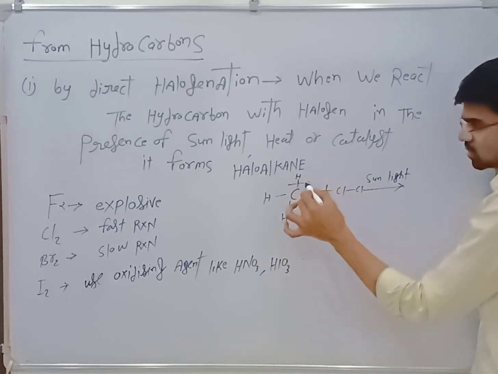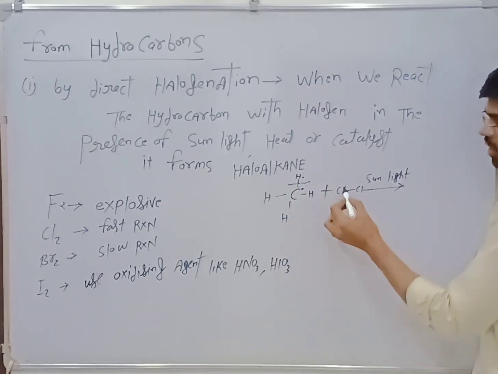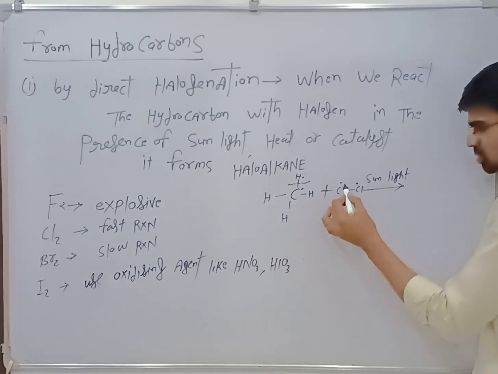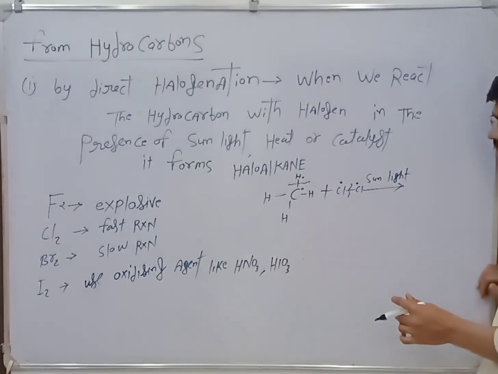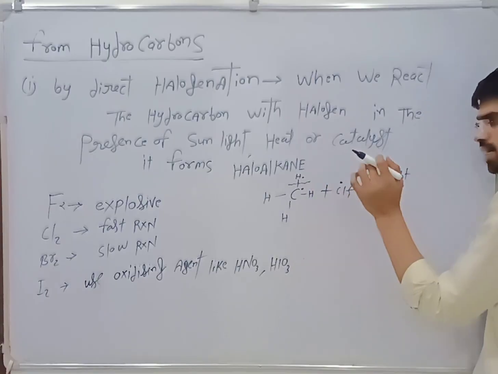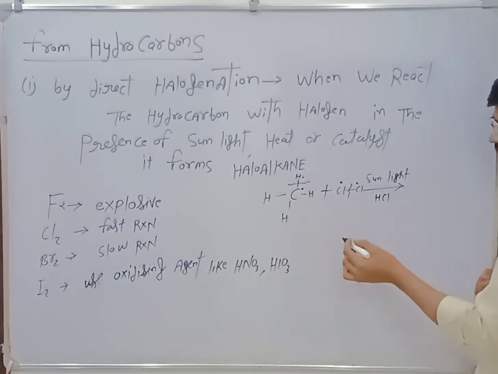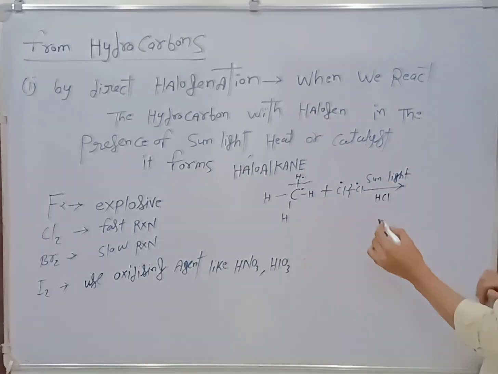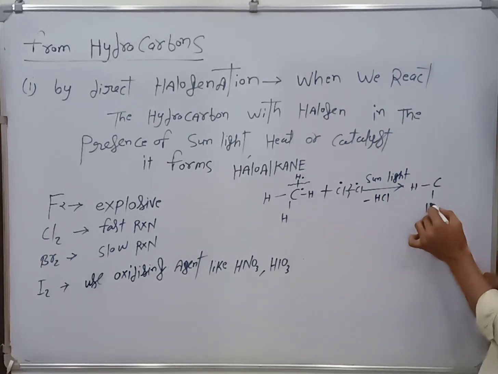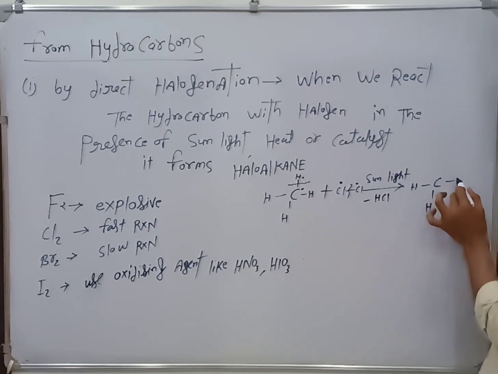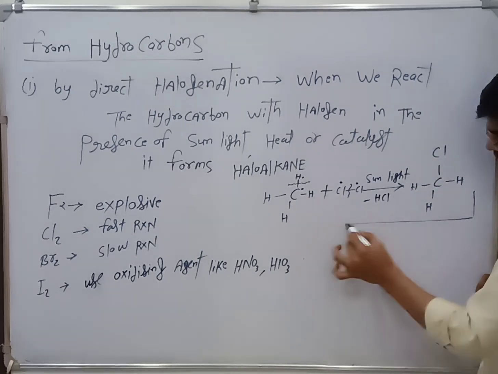The hydrogen will break away, taking its own electron, and both chlorine atoms will take their own electron and break from each other. Now this Cl will attach with the H and form HCl, and this Cl will attach with the carbon and form methyl chloride. So you will get the product like this.